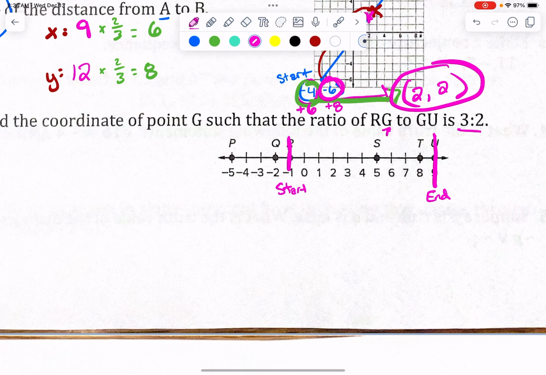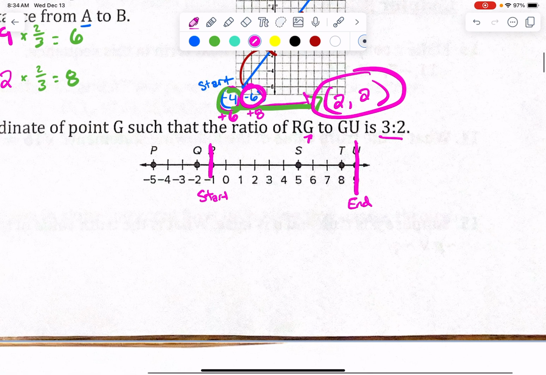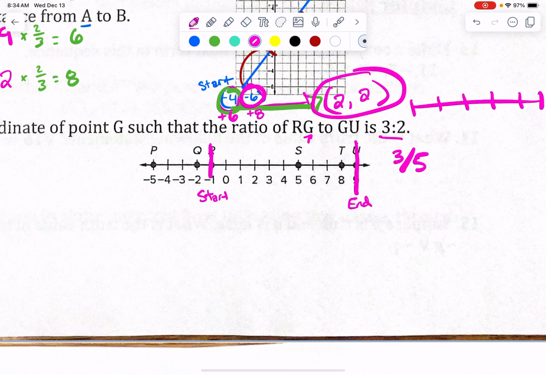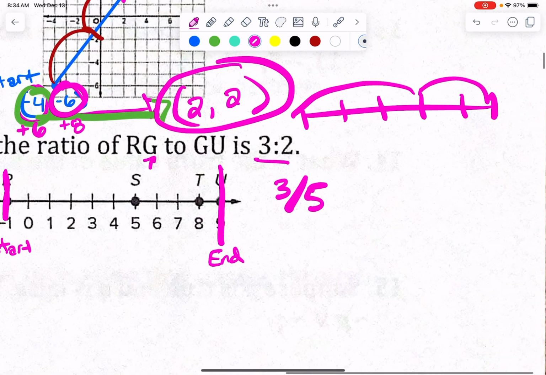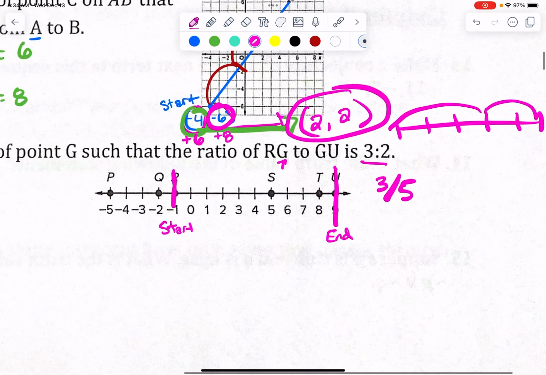I want it to be 3 to 2, okay? Now, when it says 3 to 2, that doesn't mean 3 halves. That means 3/5. 3 to 2 means I have a segment that's 1, 2, 3 here and 2 here. So 3 chunks here, 2 chunks here. So I'm going 3/5 of the whole distance, all right?